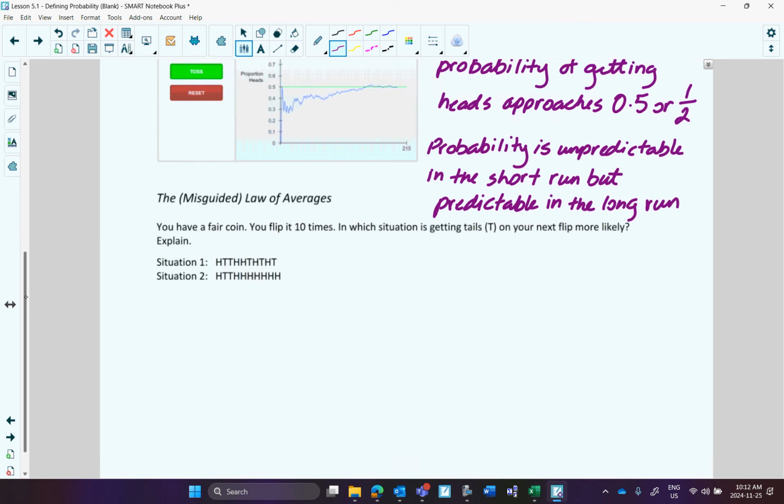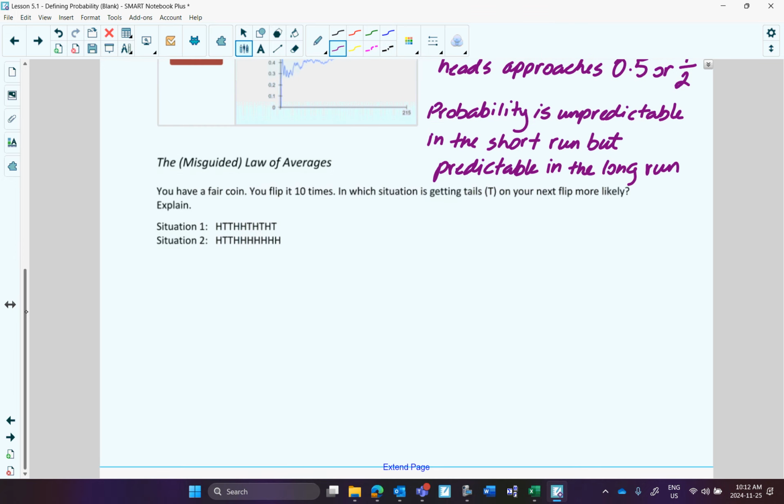Look at these two situations where you flip it 10 times. You get 5 heads and 5 tails in situation 1. But in situation 2, you get a heads, 2 tails, and then you get 7 heads. So which situation is getting tails more likely?